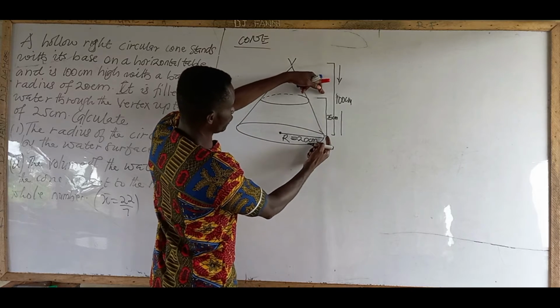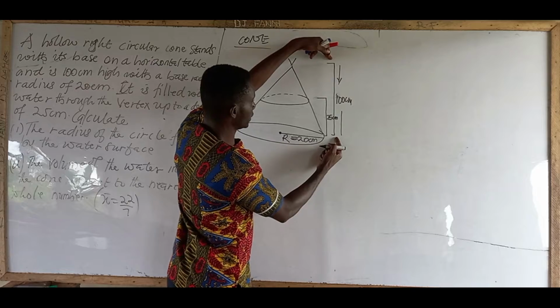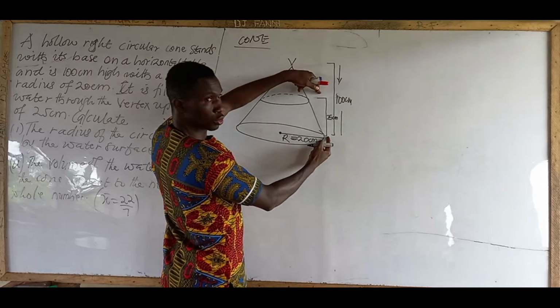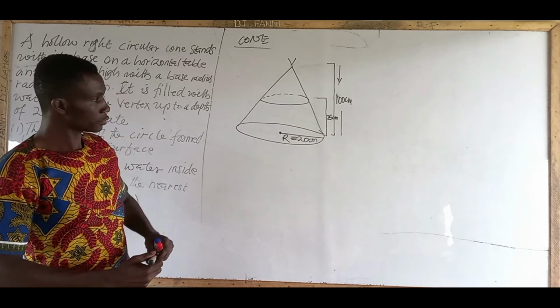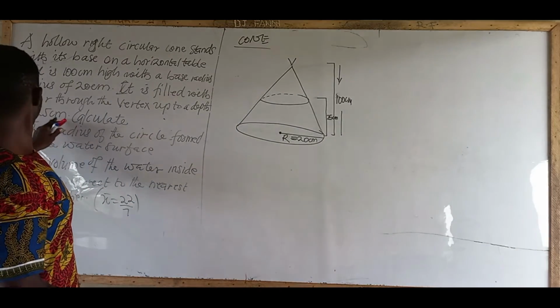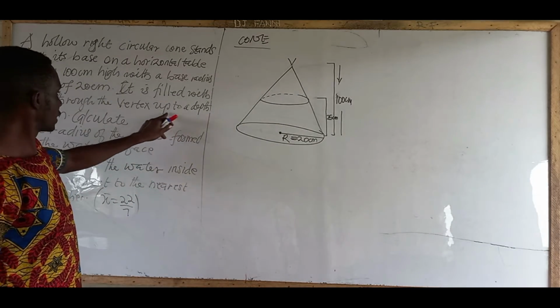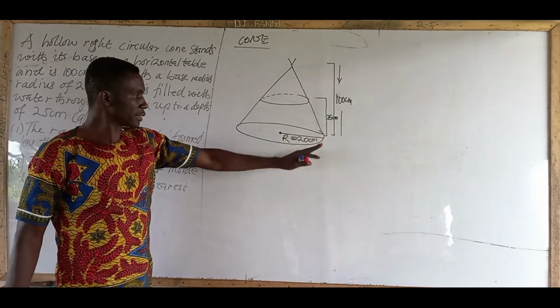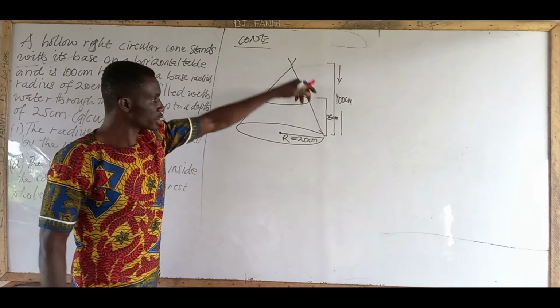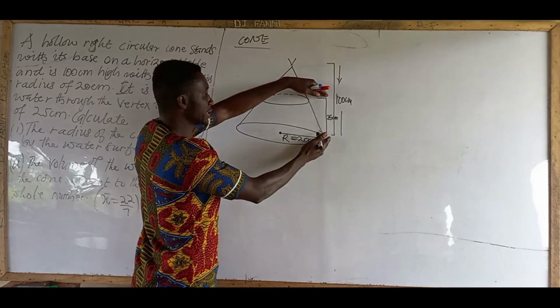Do you see that? He said the vertex up to a depth of 25 centimeters. So 25 centimeters is the depth at which the water has been filled up to.